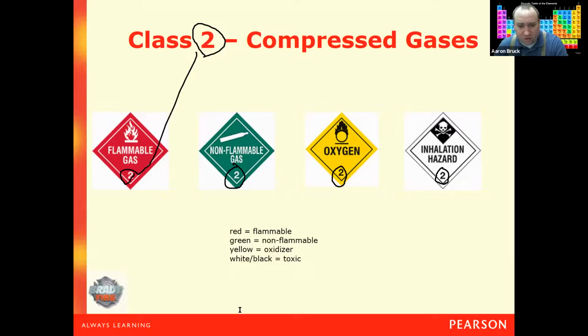Other things to look out for. This is the flame pictogram, which obviously indicates that something is flammable. This is the cylinder pictogram, and that indicates that the object is under high pressure.